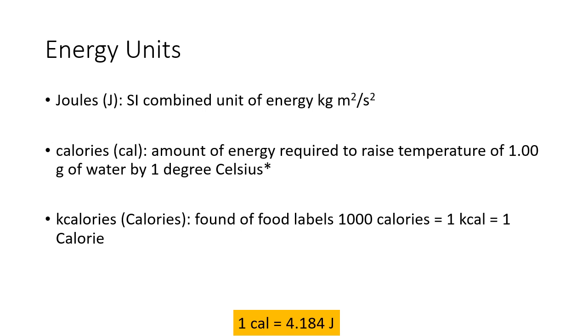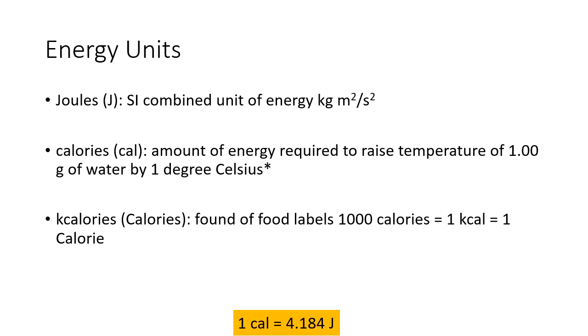So 1,000 calories is equal to 1 kcal, which is equal to 1 Calorie. And I'm absolutely positive you don't find that confusing at all. The capital C Calorie is 1,000 lowercase c calories. Yeah, no, everybody finds that confusing. It's one of those annoying historical artifacts that we just have to live with.